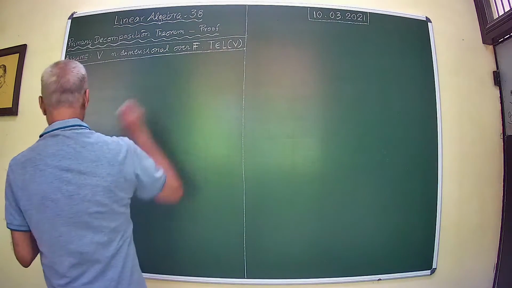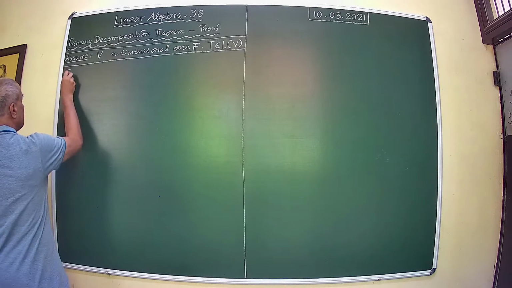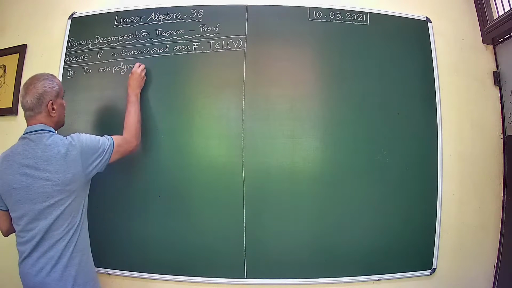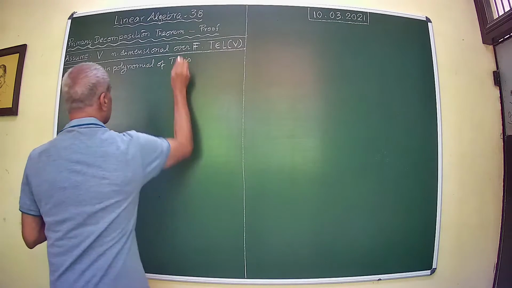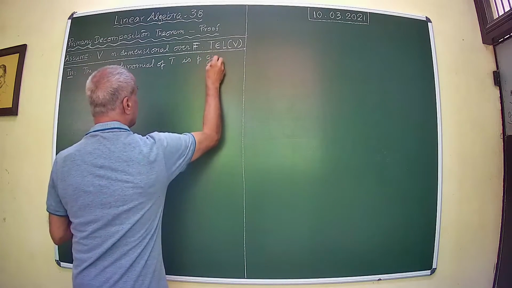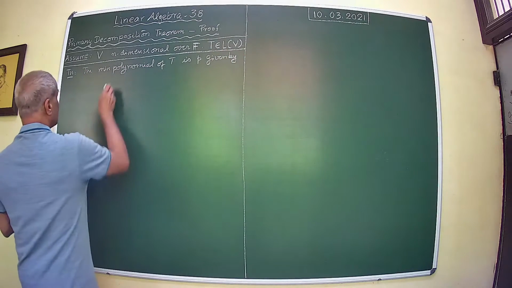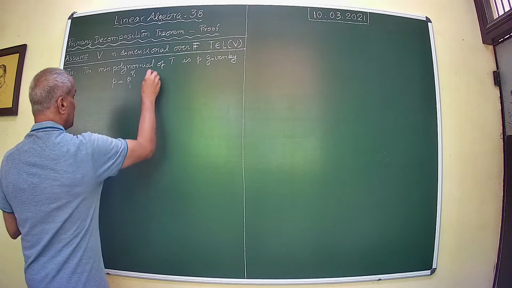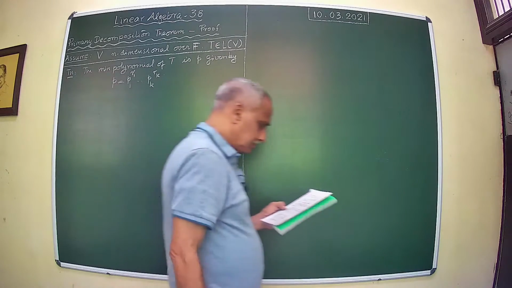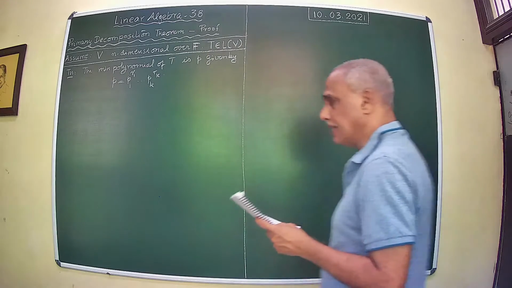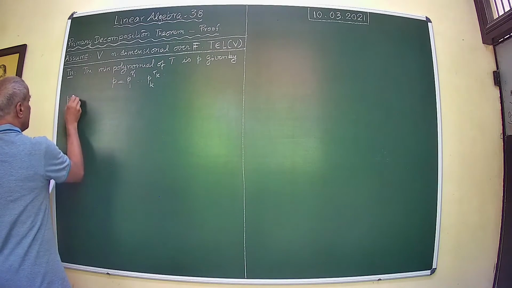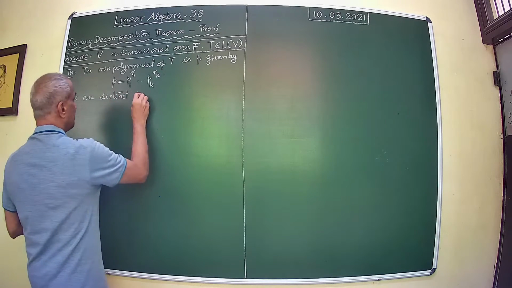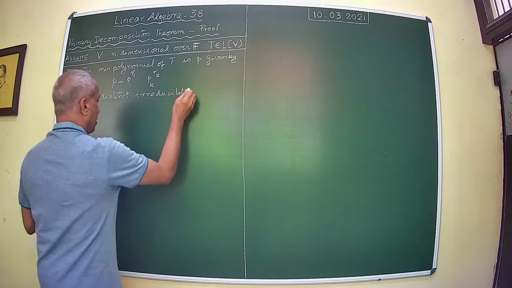So we have T belonging to L(V). What we have is the minimal polynomial p given by p = p1^r1 ... pk^rk, where the pi are distinct irreducible polynomials.